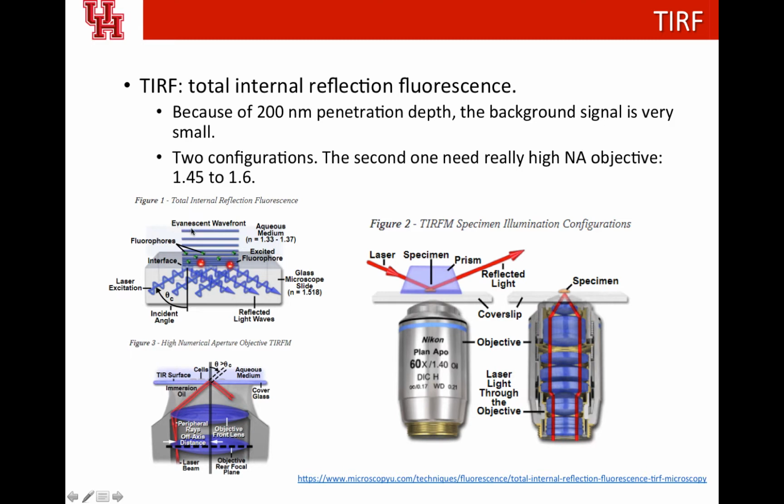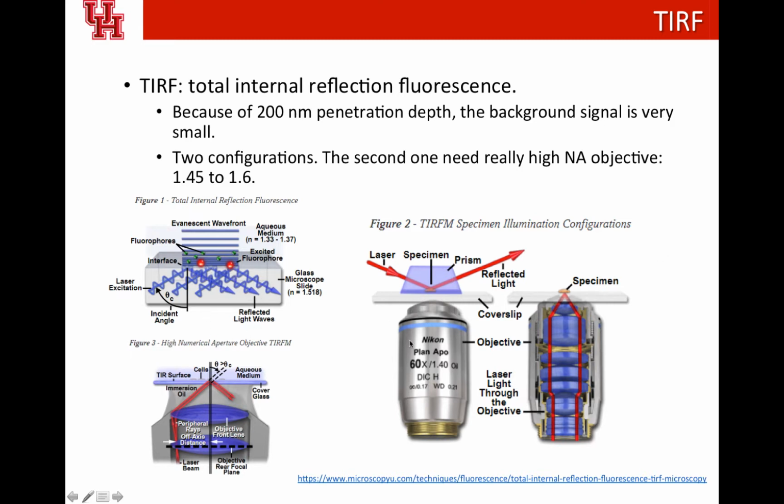And when that happens, this evanescent wave will be generated, with intensity exponentially decaying into your solution. This distance is called the penetration depth. We have the equation to describe that penetration depth in our previous lecture, right? So within this penetration depth, all the fluorophore molecules, if the wavelength matches the excitation requirement, will be excited, and then the light will be re-emitted, and you will collect it from the bottom.